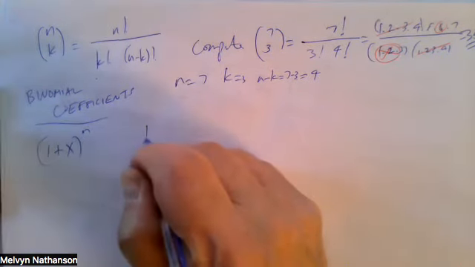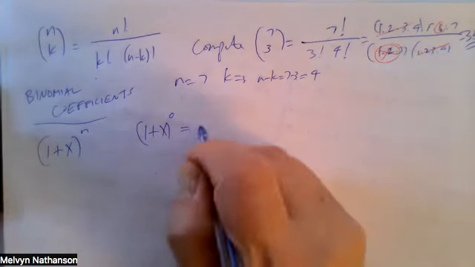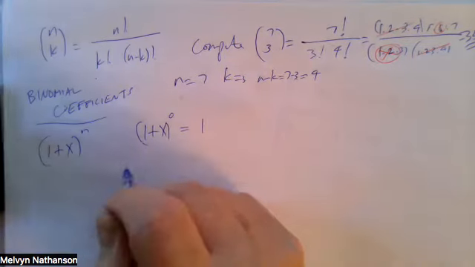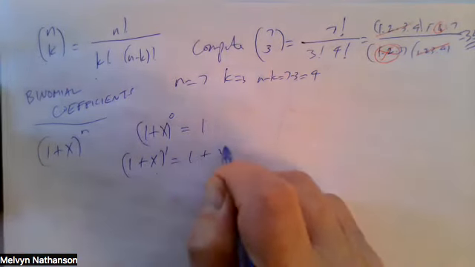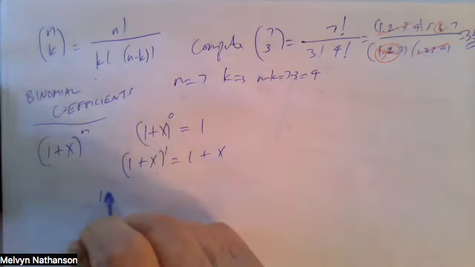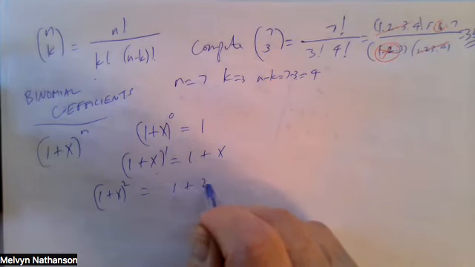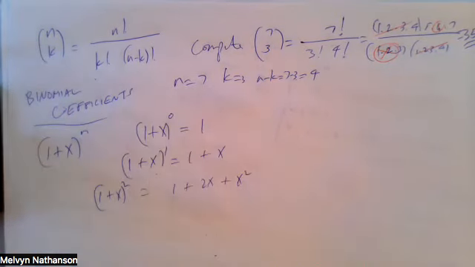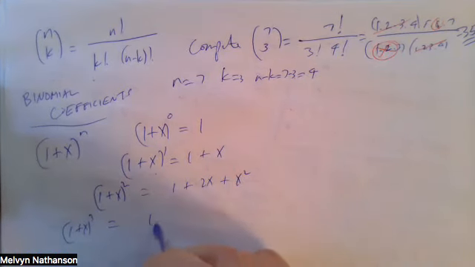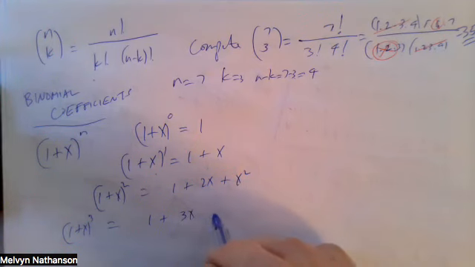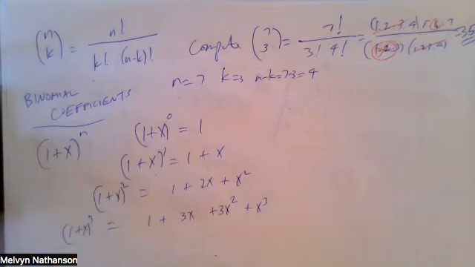So for example, 1 plus x to the 0th power, anything to the 0th power is 1. 1 plus x to the first power is 1 plus x. 1 plus x squared is 1 plus 2x plus x squared. 1 plus x cubed is 1 plus 3x plus 3x squared plus x cubed.